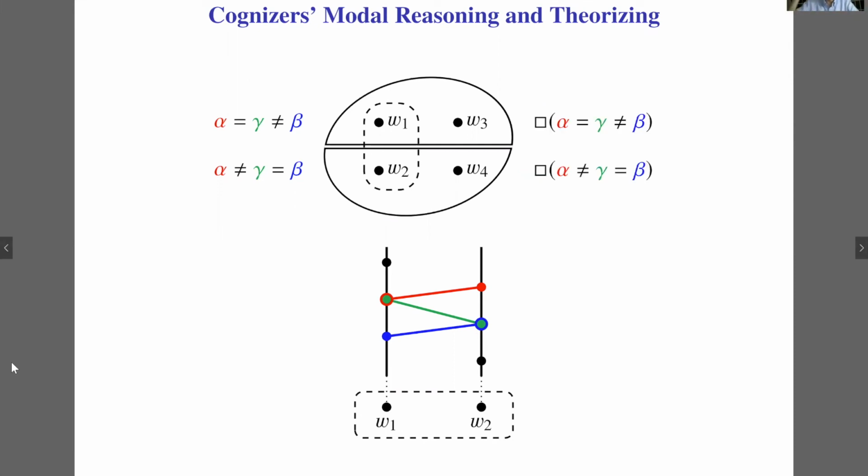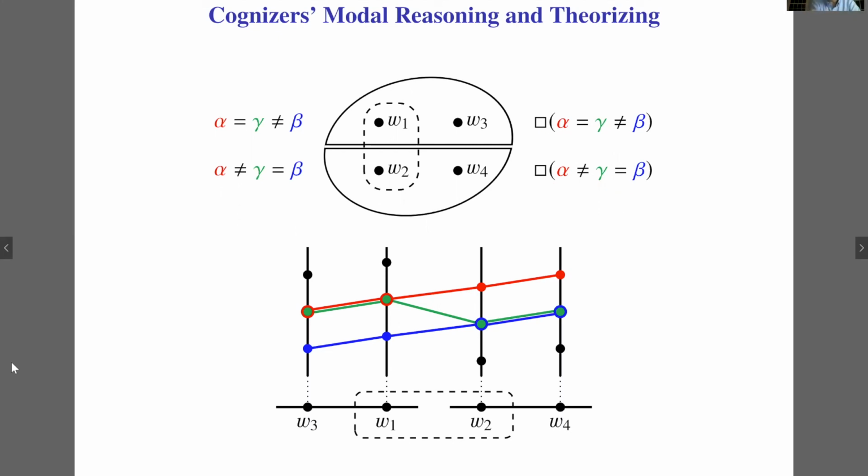But if Kripke is right that identity and non-identity are necessary, then this must be the case, and that can be modeled as partitions in which, in the top partition, green and red are identical and blue is not identical.